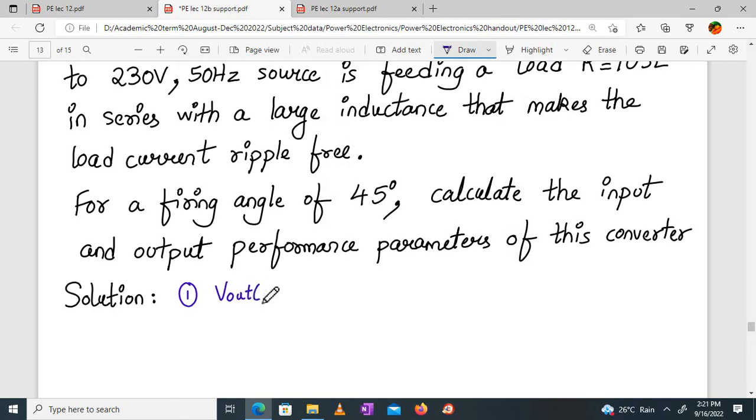I hope you know the formula for it, right? Then calculate I out average. Then next, after I out average, calculate V out RMS.